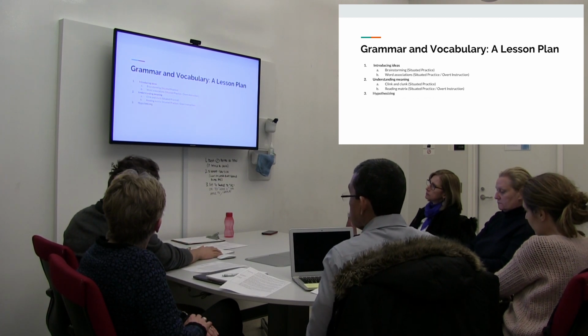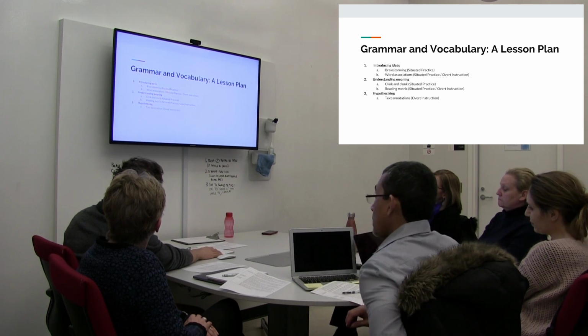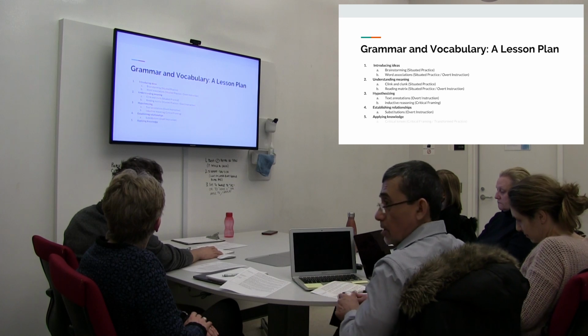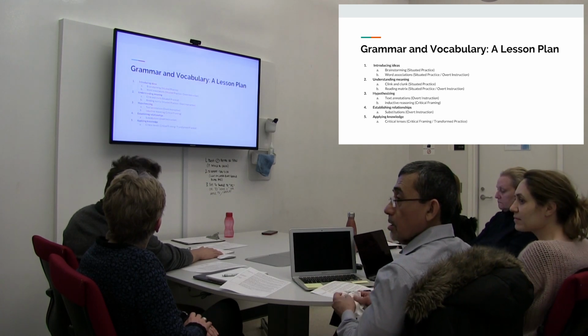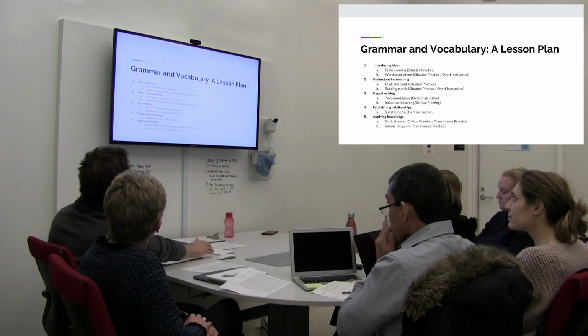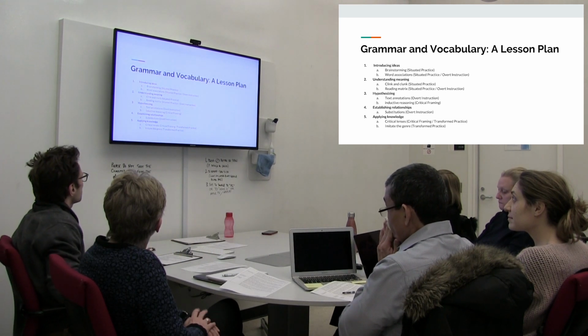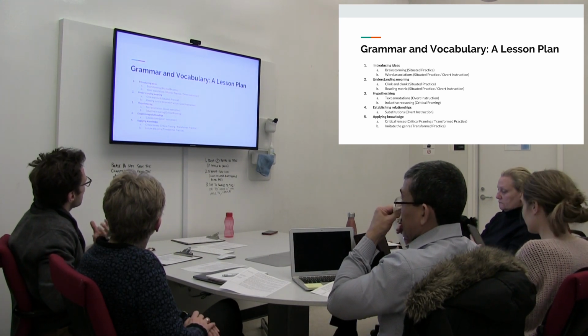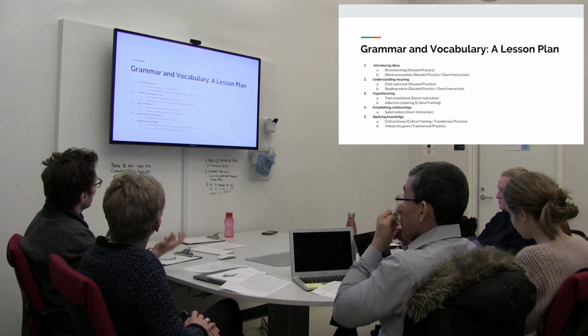Situated practice, overt instruction. There's the hypothesizing part. So this is essentially how this breaks down. Again, we could add to it depending on how strong a case we make.